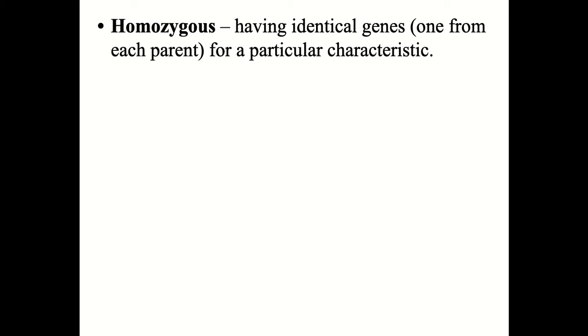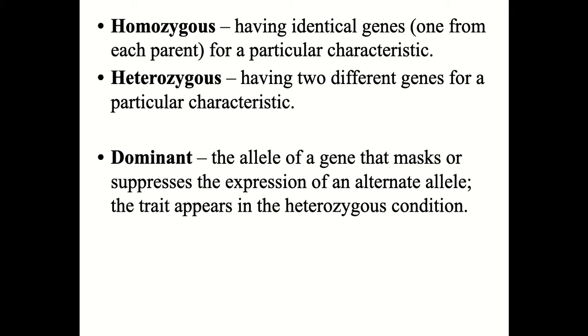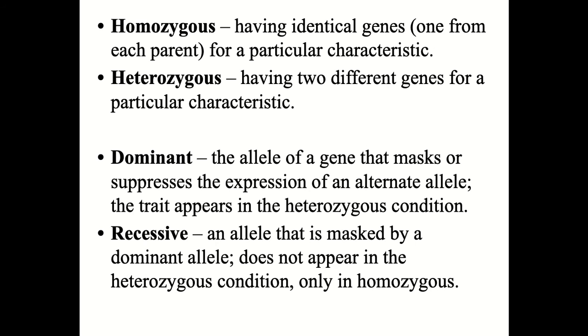So zygous is like a zygote. So it's the fetus, it's inside the pregnancy. So homo means same. So homozygous means having identical genes for the characteristic. So you're having the same. Heterozygous means having 2 different. Dominant is the allele that is the one that is seen, and recessive is the one that is not seen.